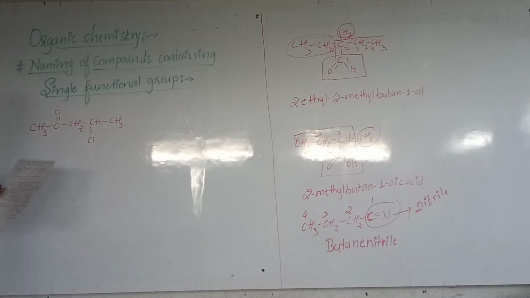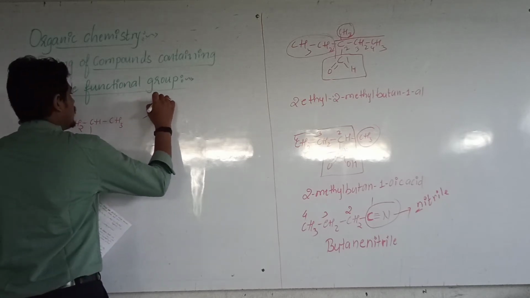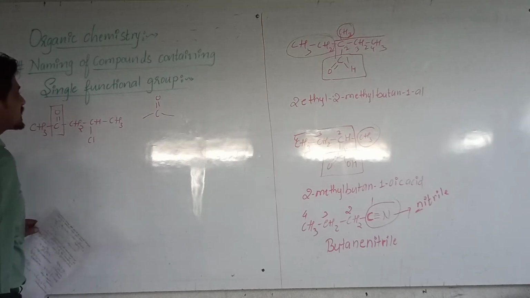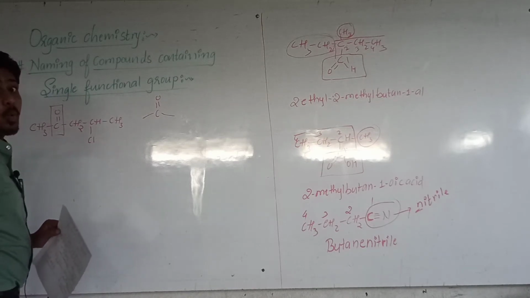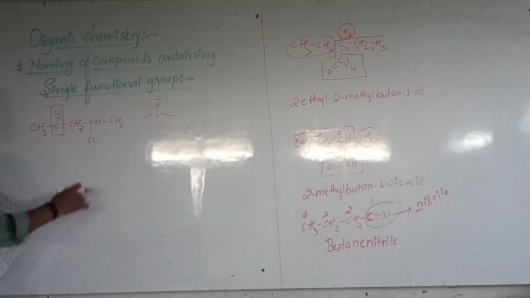How do we name this? So the functional group is present here. What is this functional group? Ketone, isn't it? This is ketone. And what is the secondary suffix? One, O-N-E, one. Okay, ketone.